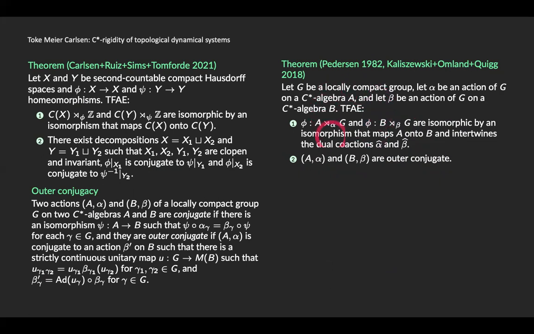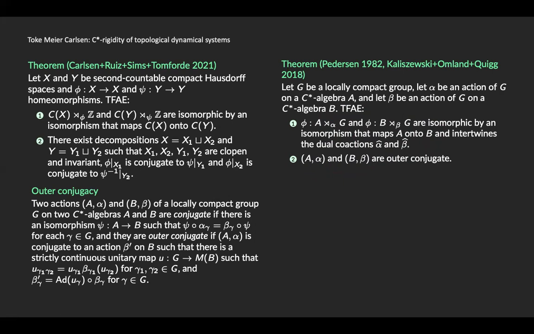So this is an example of a rigidity result about C*-dynamical systems, and in this case we can recover the C*-dynamical system up to outer conjugacy by the cross products together with the canonical copies of A and B together with the dual coactions.